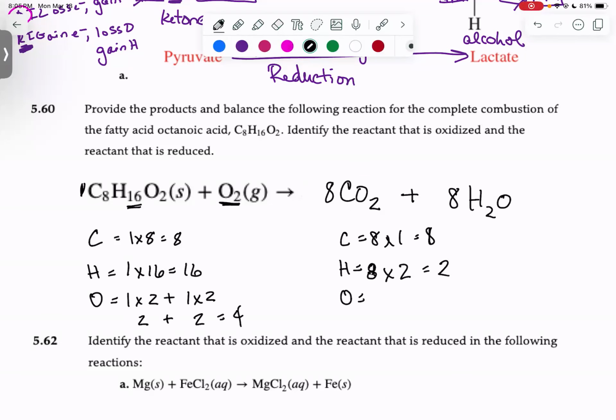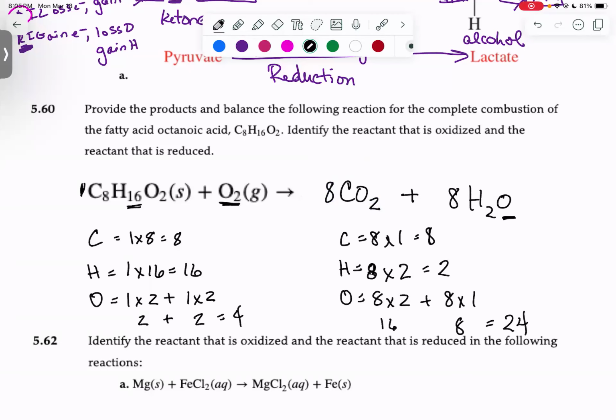Now I'm looking at 8 times 2, so let me write that in. 8 times 2 is 16, plus I have 8 times 1 in my water. So 8 times 1 gives me 8. So 8, 16, 24, that would give me 24 atoms. So that doesn't work out.